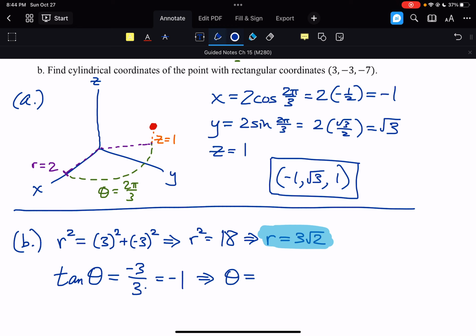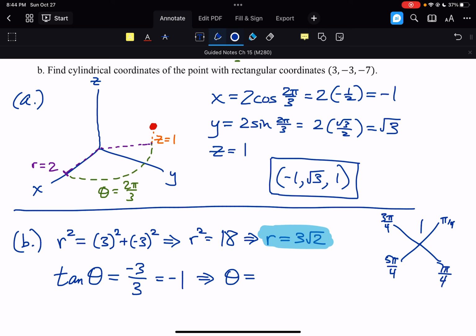This is where sine and cosine, or the x and the y, have the same value, but one is negative and one is positive. So we know that that's going to be at one of the multiples of pi over 4, right? That would be pi over 4, 3 pi over 4, 5 pi over 4, or 7 pi over 4.